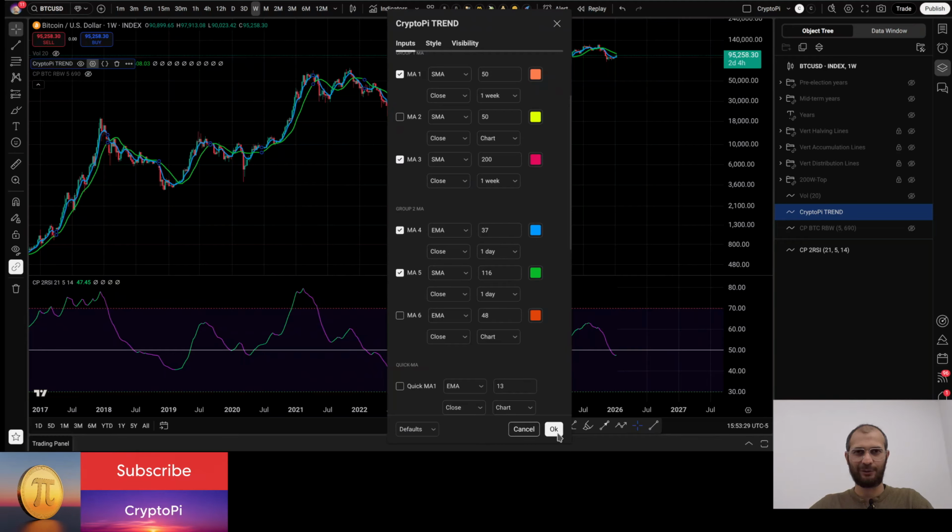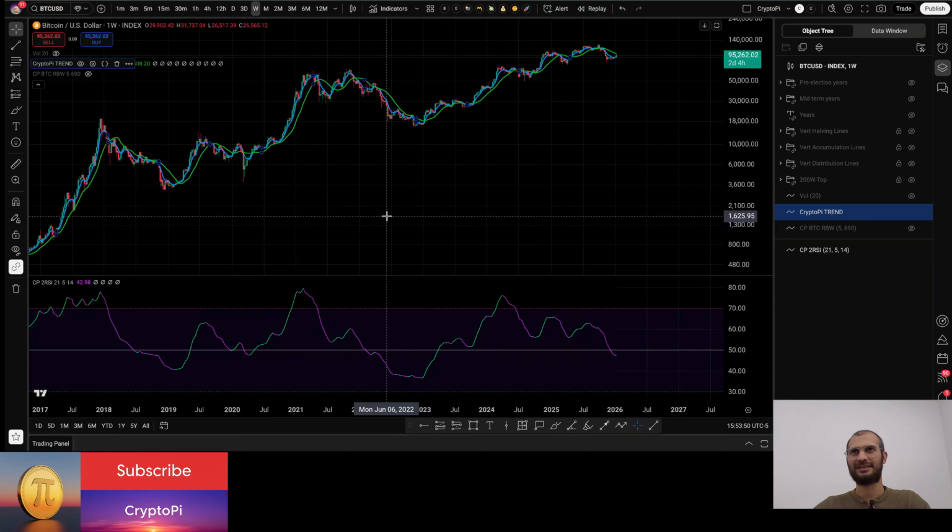Now, why do I have 37 and 116? Because when you divide 116 by 37, you get 3.14, which is the value of pi, which is quite nice to have to understand the trend, because at the end of the day, the market moves in cycles.